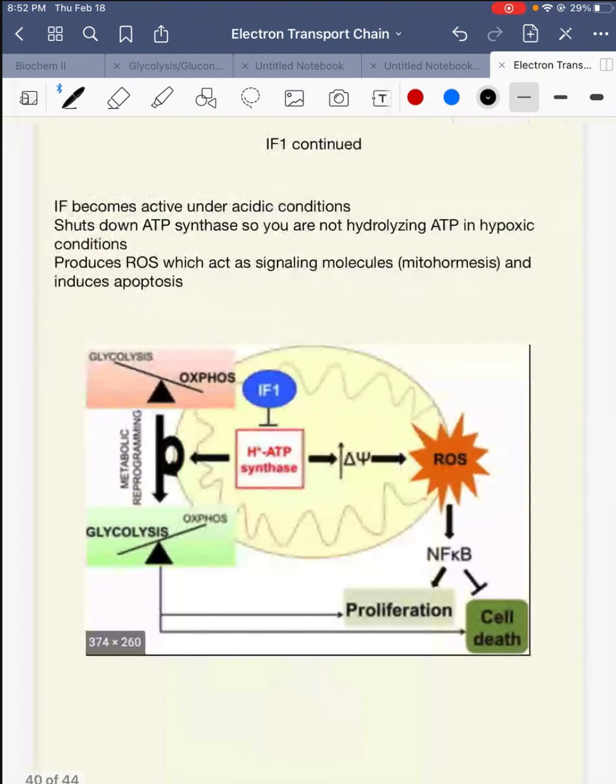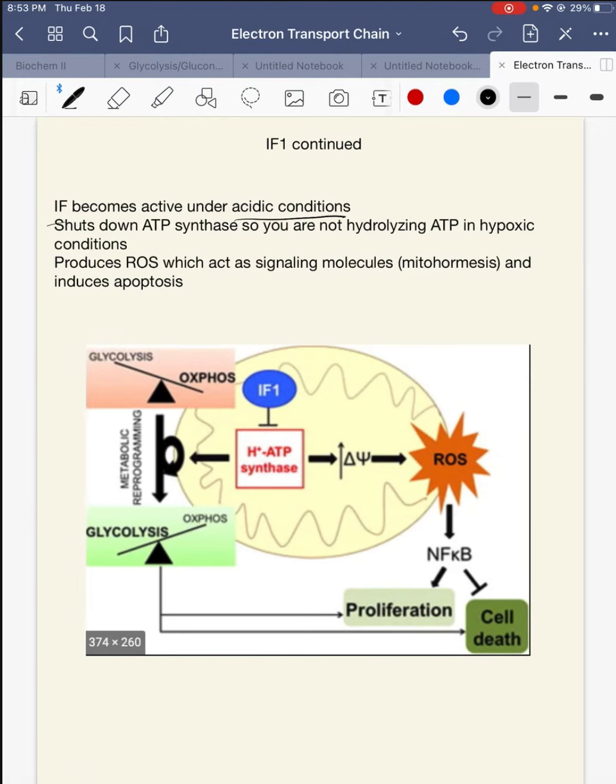So IF1 continued. What it does is it becomes active under acidic conditions. This happens, for example, if you're exercising anaerobically, like doing a sprint and holding your breath. So you don't have oxygen, so you're running anaerobic respiration.